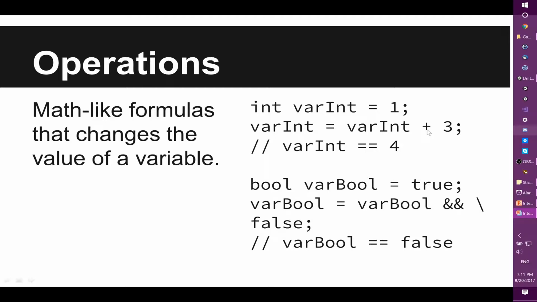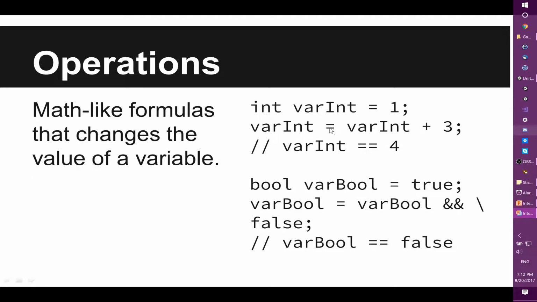What does the right set of information say? So order of operation dictates that it's going to go through the var int plus 3 operation first. Var int value is being recalled, which initial declaration was 1. So it says 1 plus 3 equals 4, and then finally sets that onto the variable, and thus by the end of this, var int will be set to 4.